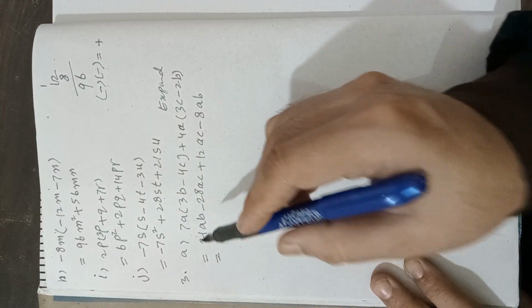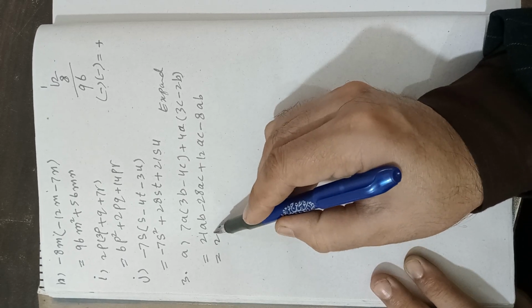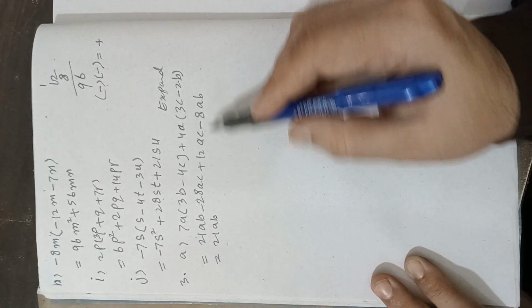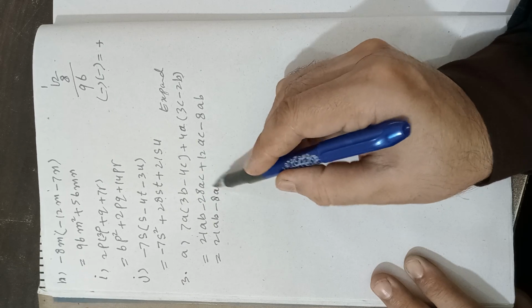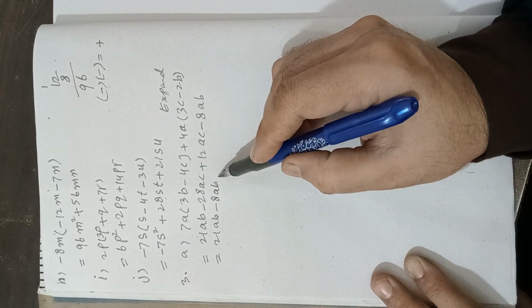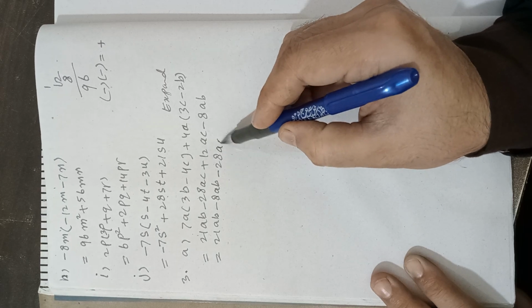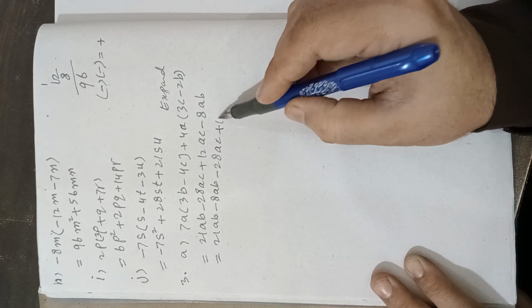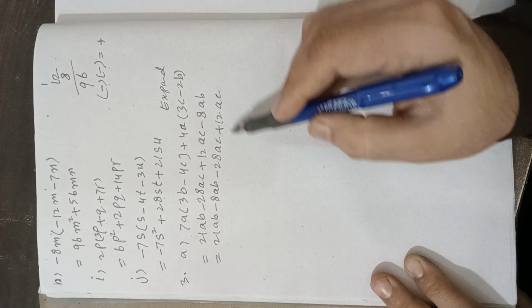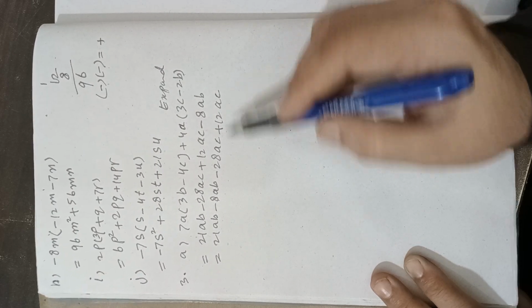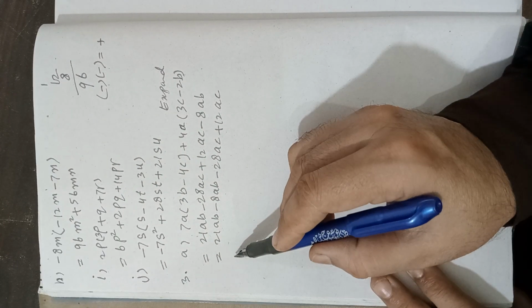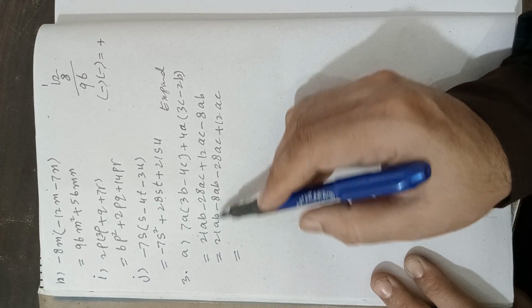Now find the like terms. Here are 21ab and minus 8ab. These are like terms. Write them together. Minus 28ac and plus 12ac are also like terms, because ac and ac are like. So it is minus and it is plus.